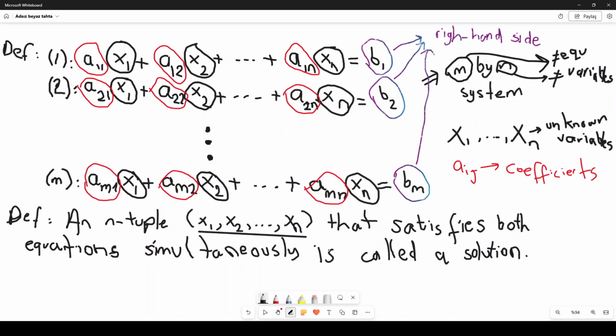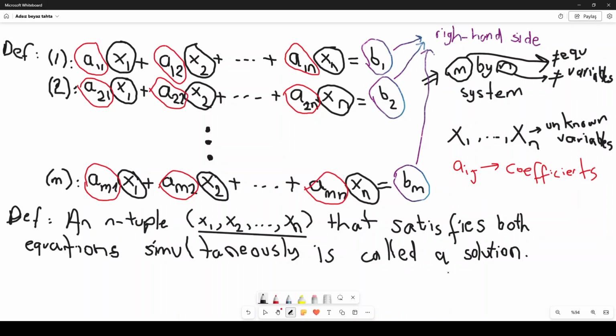Such an n-tuple is called a solution, or a solution set. In other words, an n-tuple x1 through xn that satisfies all equations simultaneously is called the solution set of this system of linear equations.